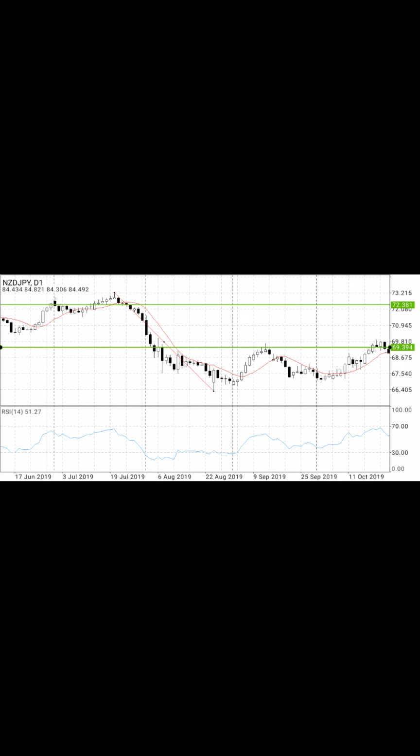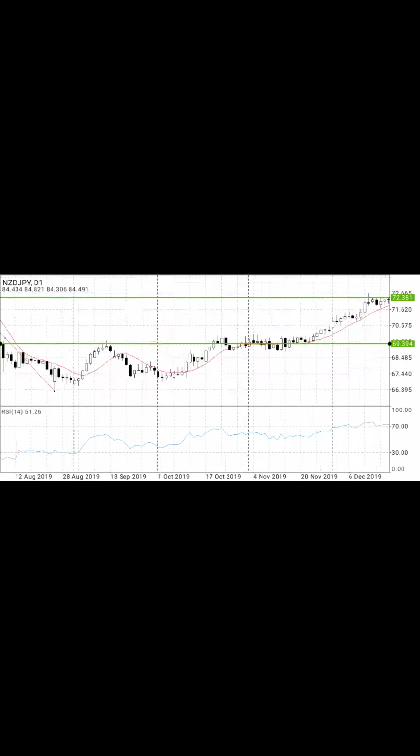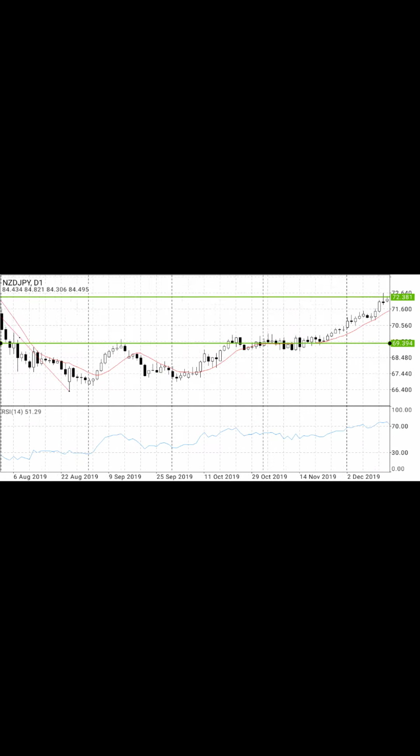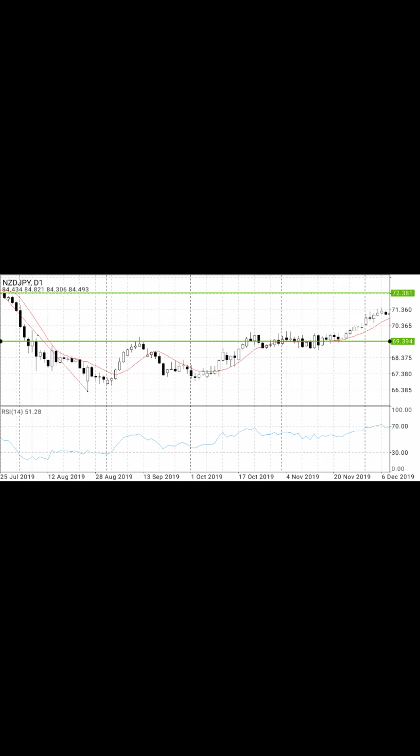From there, it broke below this support right here. I'm not sure when it was established, and after that break, it quickly restabilized to the support, making it a resistance, because after it stabilized back to the support, it bounced back from it, making it a resistance.